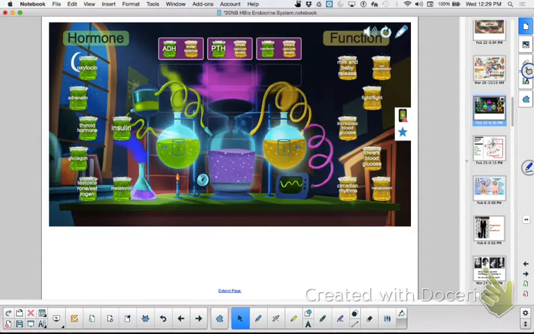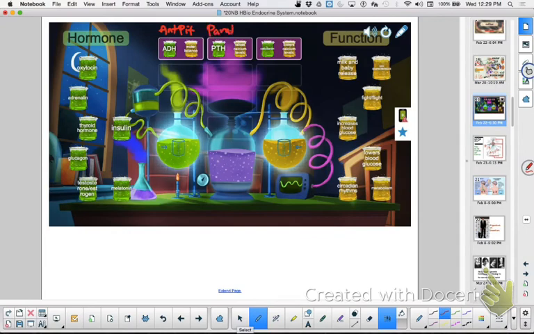Now, before I go any further, across the top, who secretes ADH? The kidneys? No, it impacts the kidneys, but the anterior pituitary is who secretes ADH. Who secretes PTH? The parathyroid.